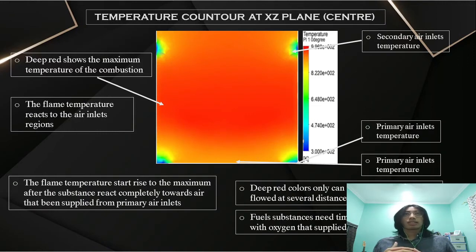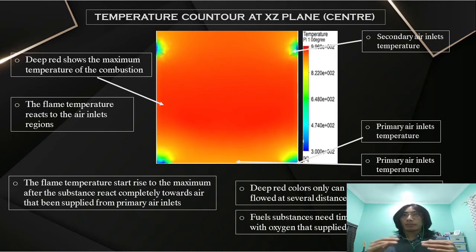So next, as the simulation completed in the CFD software, a cutting plane at the center of the stove has been carried out. As you can see, this is the center of the combustion in the solar stove. The deep red color shows the maximum temperature of the combustion, which is at the middle.